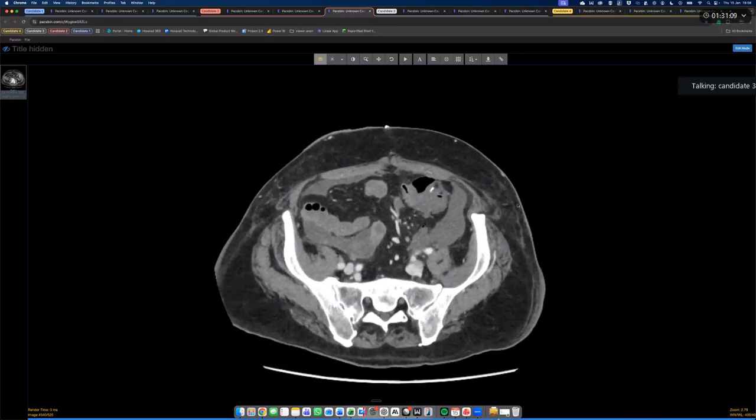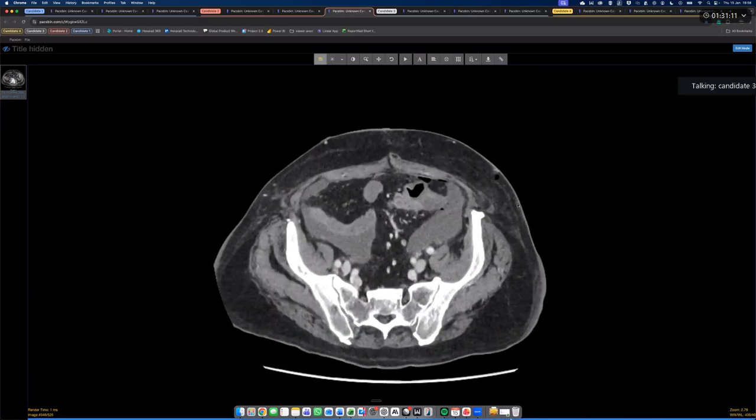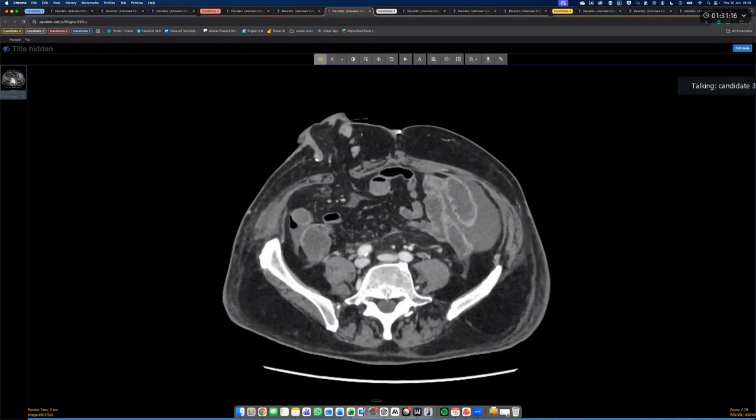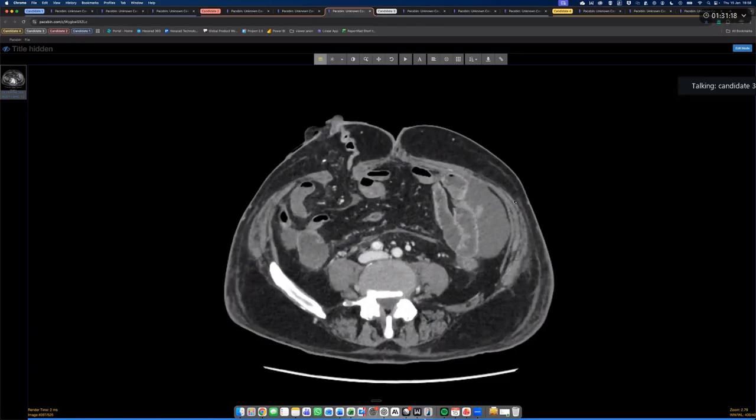There is discontinuity of the bowel loops noted here.